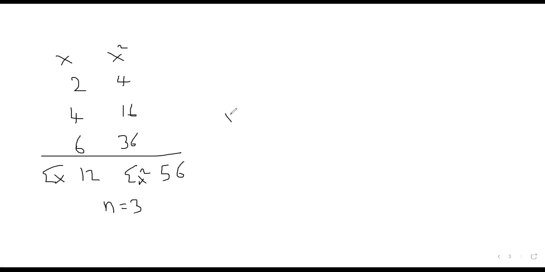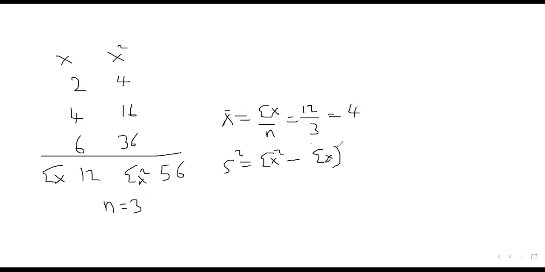How do you find the mean? It is summation of x over n. So 12 over 3 is equal to 4. But for the variance, summation of x squared over n minus the mean squared, or summation of x over n, squared.